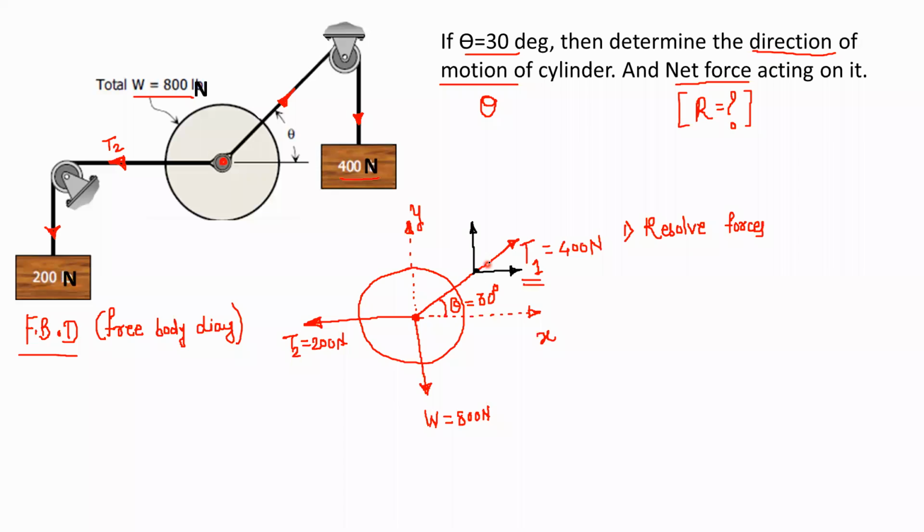This angle is theta. So this component, that is the adjacent component, will be T1 cos 30. And this y component will be the opposite component. So this will be T1 sin 30.